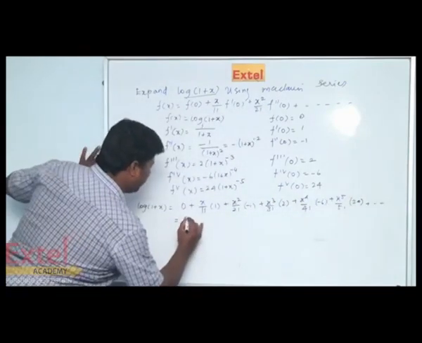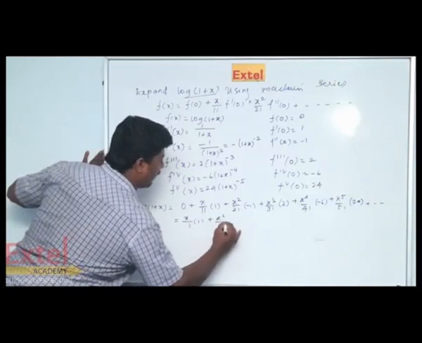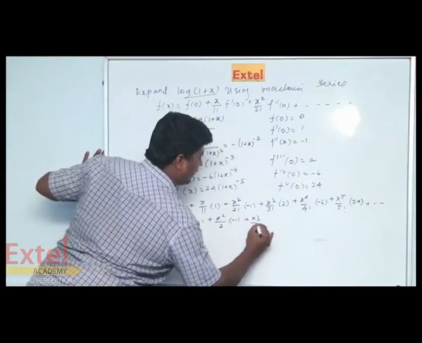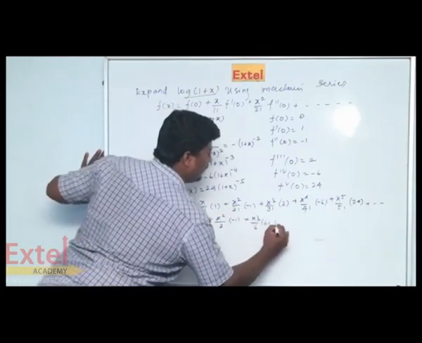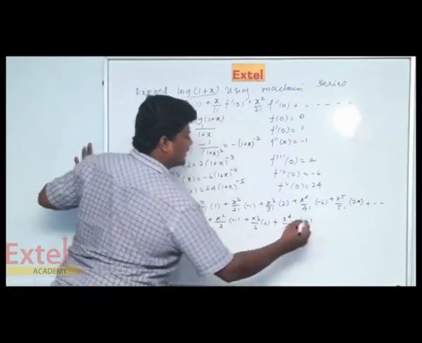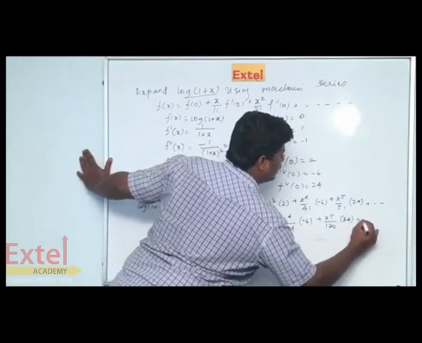Now I can say x by 1 factorial is 1 into 1, x square by 2 factorial is 2 into minus 1, then x cube by 3 factorial, 6, into 2, plus x power 4 by 4 factorial, 24, into minus 6, plus x power 5 by 120 into 24, and so on.